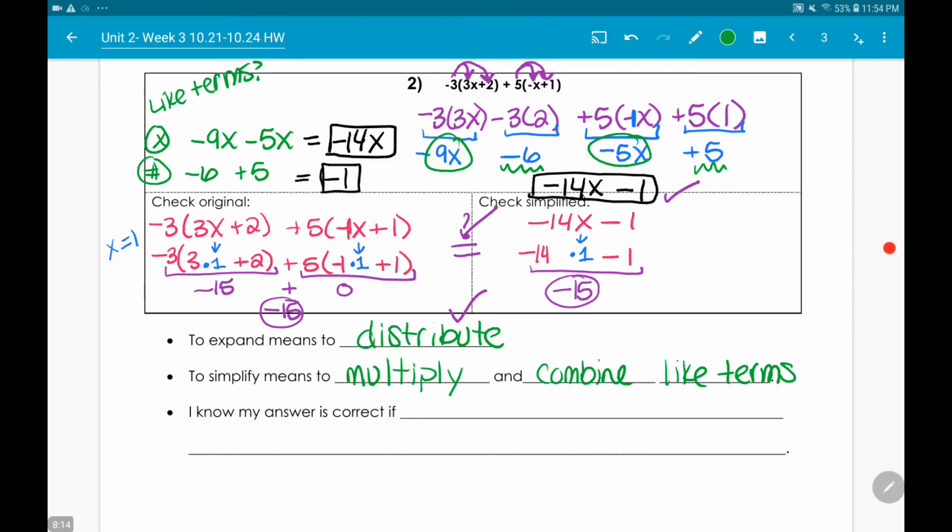And I know my answer is correct if my original is equal to my simplified answer.